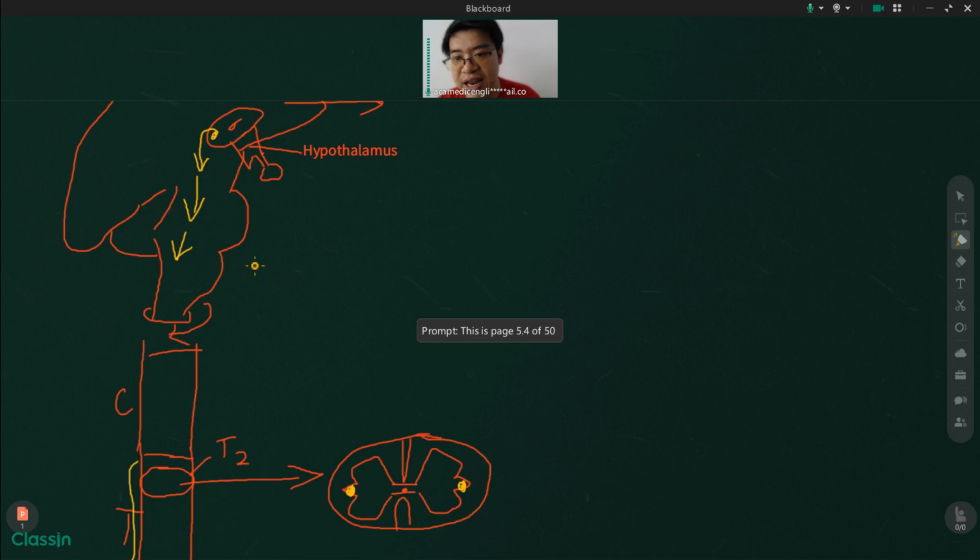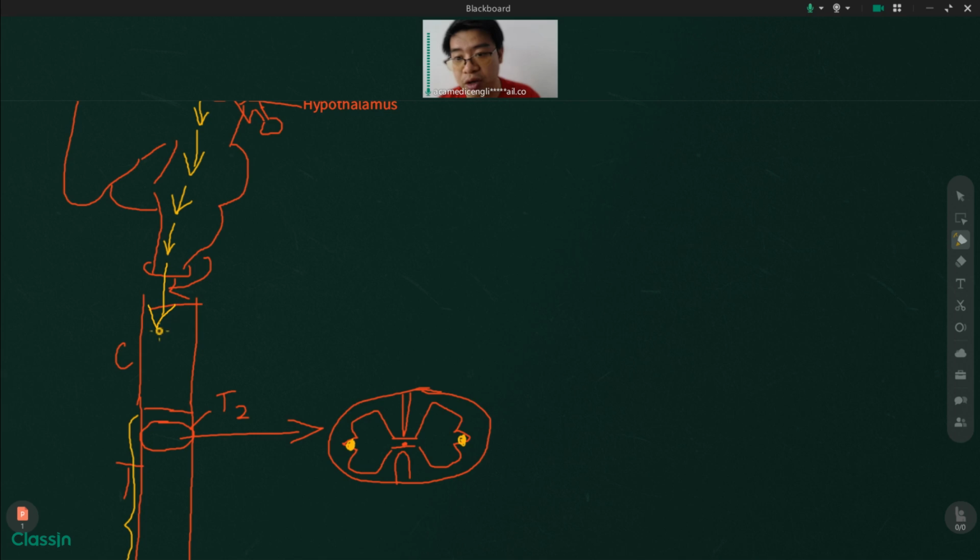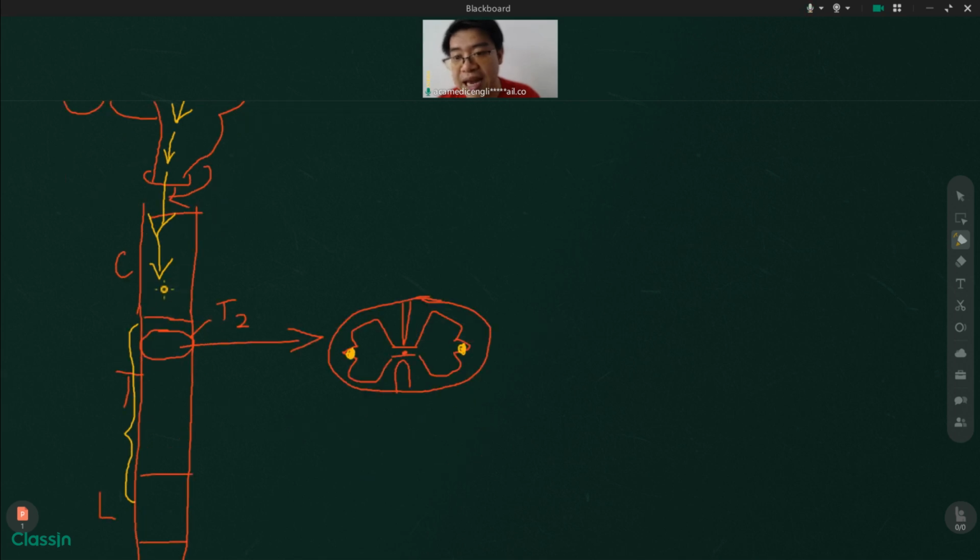This is a polysynaptic chain of neurons that will go down the brainstem, and then down the cervical segment of the spinal cord, and then when it gets to the thoracic segment, it will run on the descending fibers here, what I have already shown you in the previous slide. So it will run like this, down, and then after that, it will go inside here and synapse on the preganglionic neuron, like that.